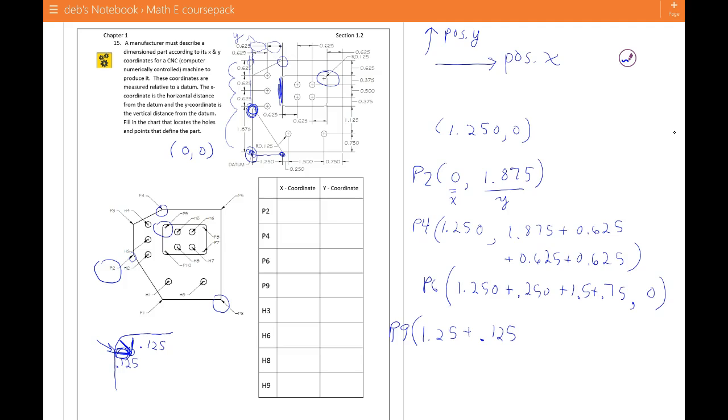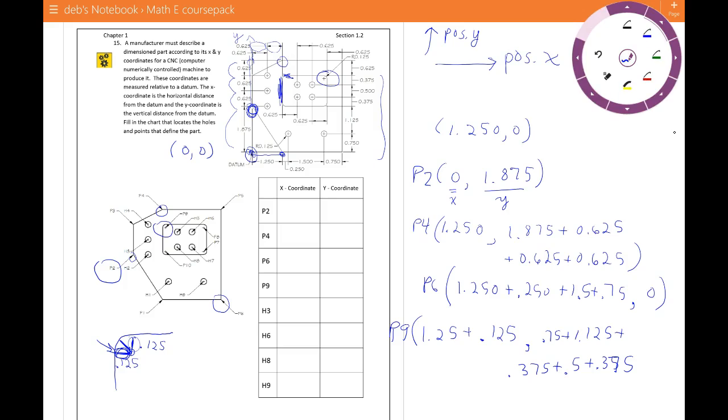And then the up part, I'm going to go to the top of the part and then down 0.125. So I'm going to look over on this side where it's easier to see where the top of this piece is. So it's going to be 0.75 plus 1.125 plus 0.375 plus 0.5 plus 0.375.